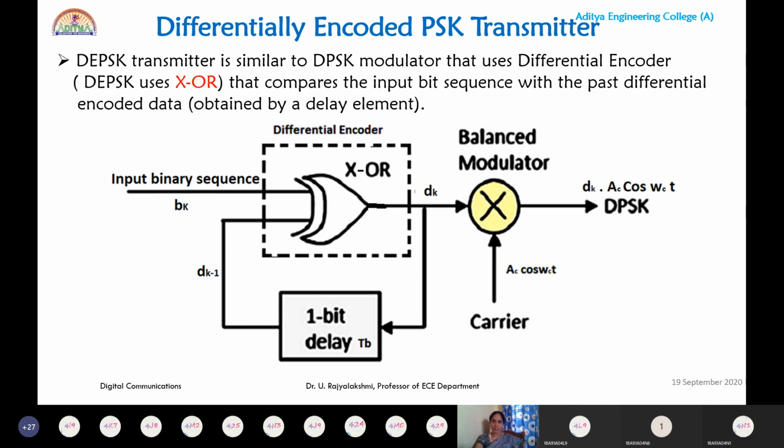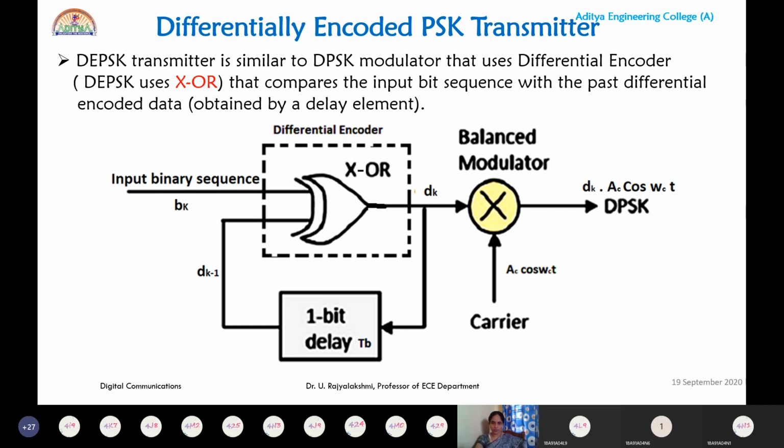Any one of you kindly respond. What is the general operating principle of the XOR gate? Because in DEPSK, the XOR gate is used in the differential encoder.